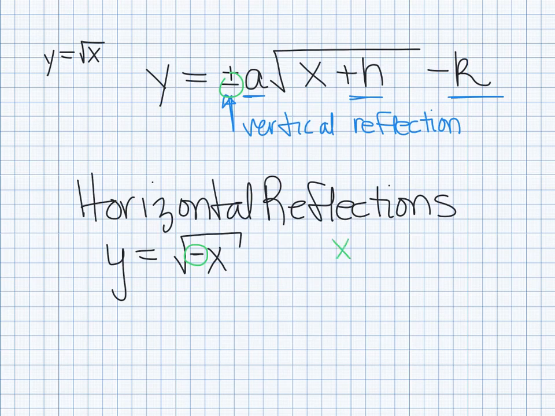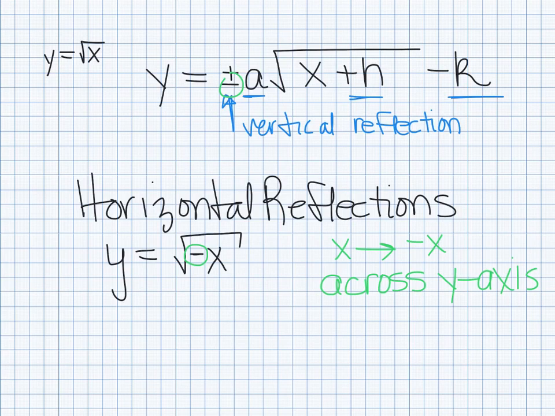So x's are going to become negative x's, right? In order to have the same y value, you could say this is a reflection horizontally, which is another way to say across the y-axis, you know. Change all your x's into negative x's and you've accomplished that reflection.